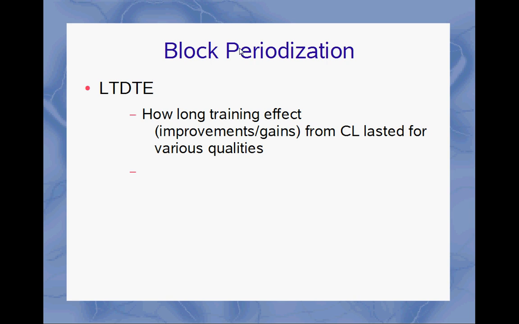So essentially, if you do a concentrated loading phase of maximal strength training, it will leave almost like a fingerprint. Those strength gains will continue to rise and increase for a period of time after you stop training for maximal strength, which is great because that means we can get stronger while we're not actually lifting maximal weights.